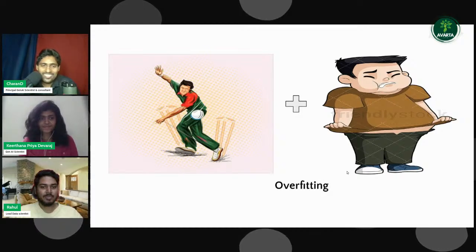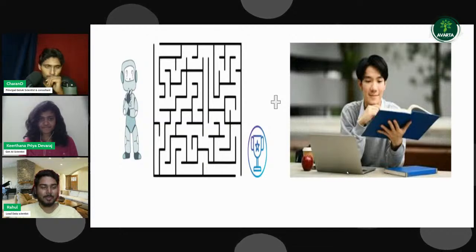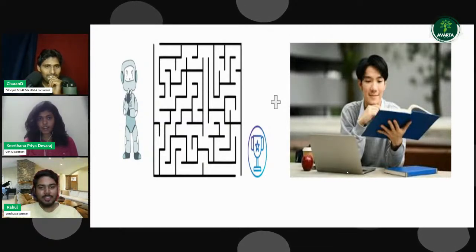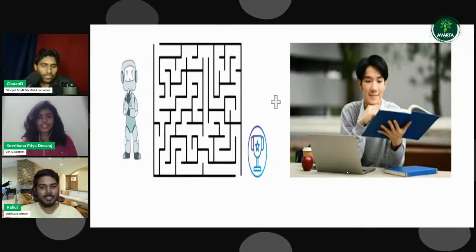Oh, perfect. One more time again. Okay, Rahul, it's a maze. It's his turn now. For this, we won't be giving any clue. You need to figure it out. A maze, and there is a robot who has to finish the maze to get the reward.